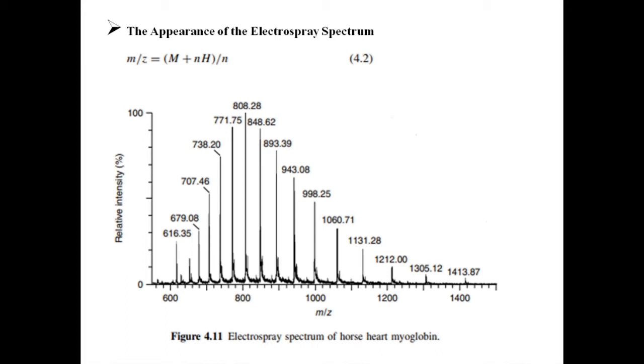How then do we determine the molecular weight of the analyte from an electrospray mass spectrum? To do this, we must consider the processes that lead to the formation of the ions observed. Each ion is formed by the addition of a number of species, often protons, to the analyte molecule, with the number of charges residing on that ion being related to the number of species added.